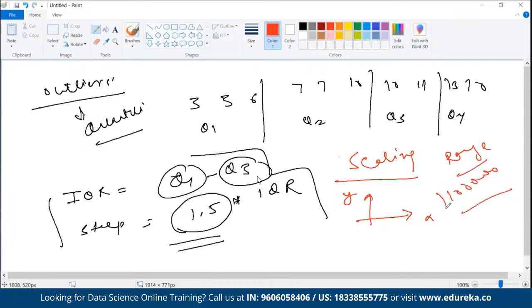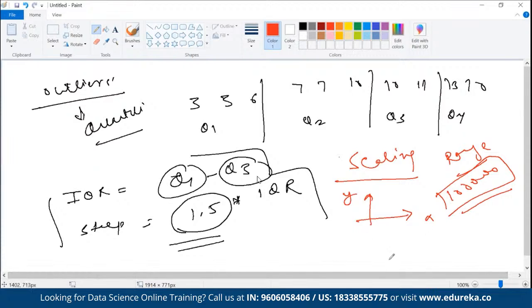If you plot the graph for this range, it will go very high and it will become difficult for you to analyze the graph. So in that case you do scaling so that it fits into a readable range. Again, for that we have different formulas.